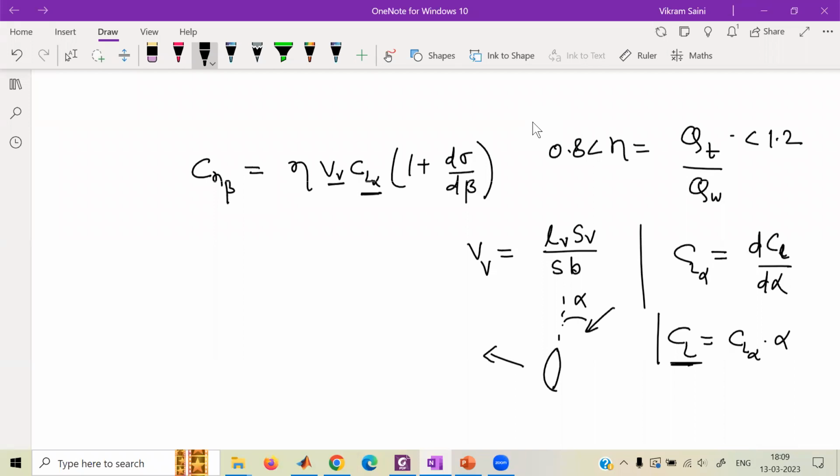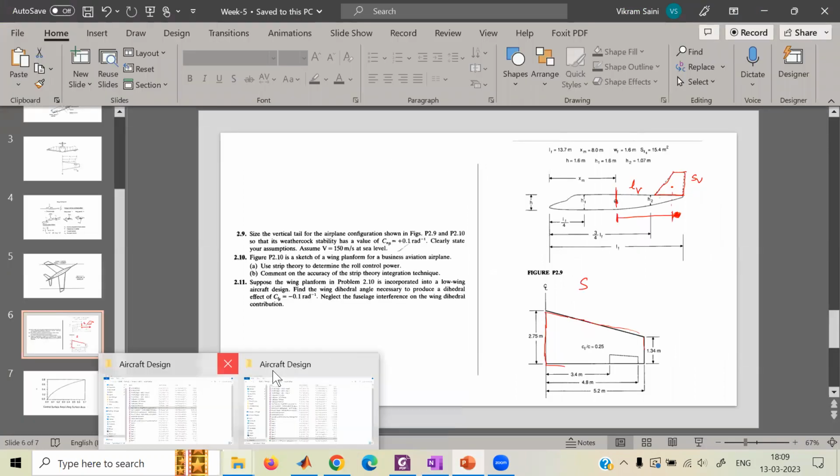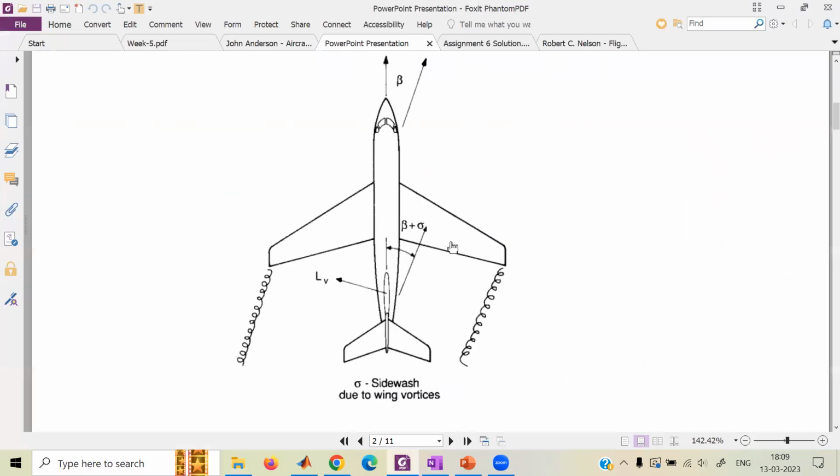influence because of the sidewash. And the idea of sidewash is explained in one of the pictures, probably shown in week 4. So week 4. This is the idea of sidewash. So what is happening here is that the flow is coming, right? Flying ahead, the flow is coming to this vertical tail. Now, because the flow interacts with the wing, the angle of attack will be modified.